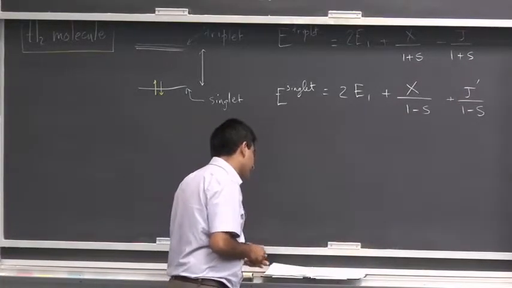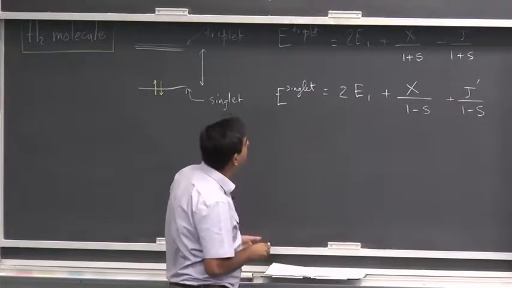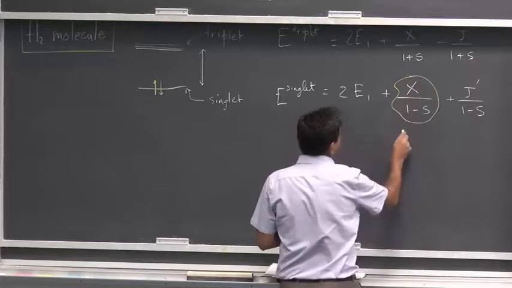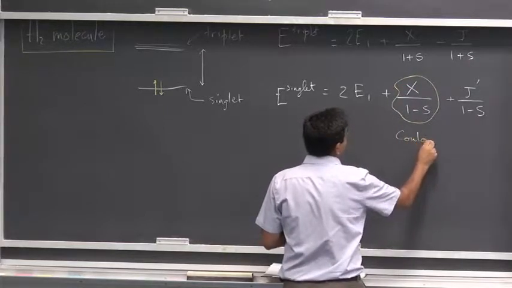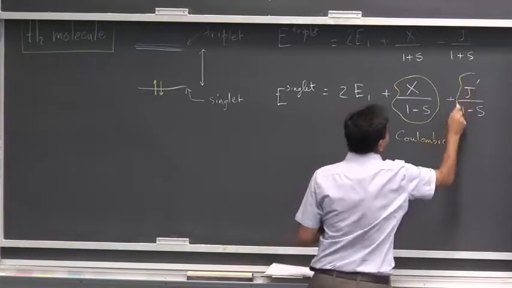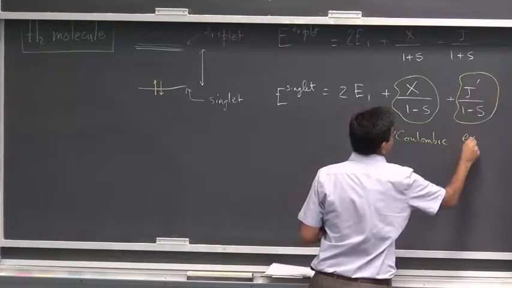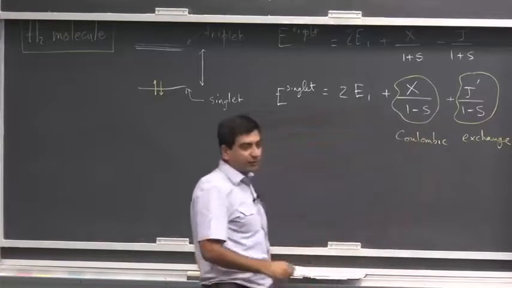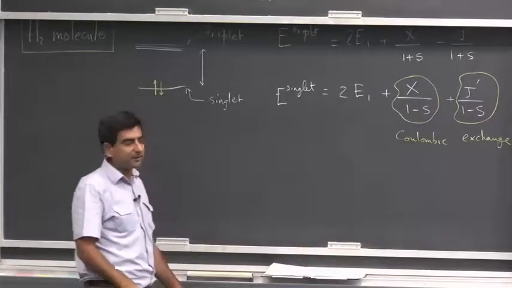So this is a Coulombic term, and this is an exchange term. And this S is the square of the overlap integral. It's a double overlap integral.